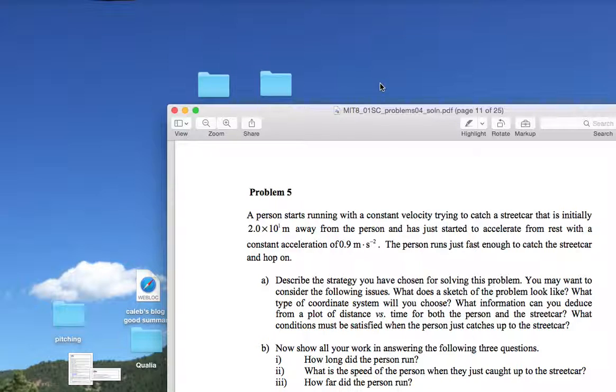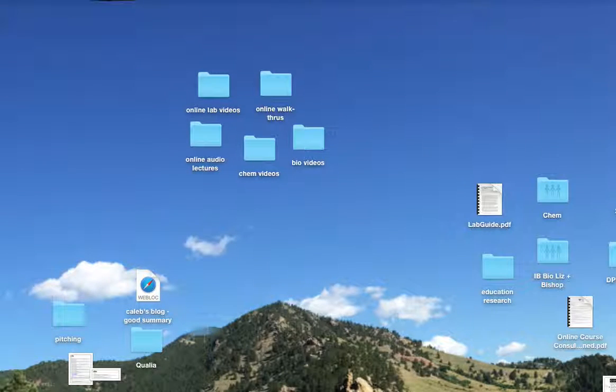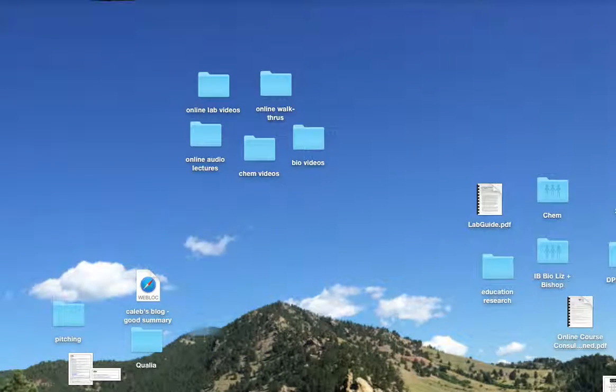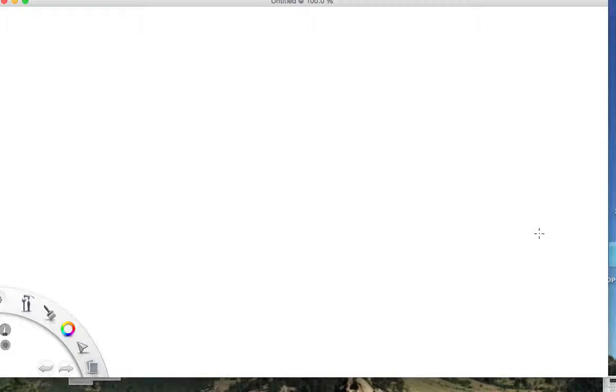You've got the paper in front of you, so I'm not going to read through it. I'm just going to set it up the right way. I'll draw a picture first.